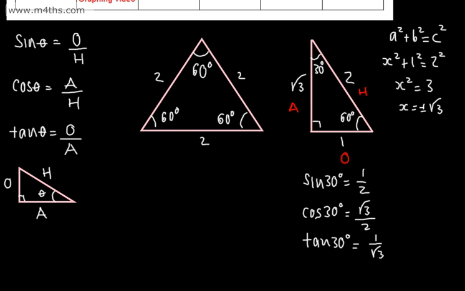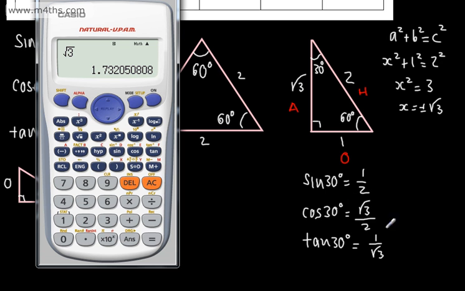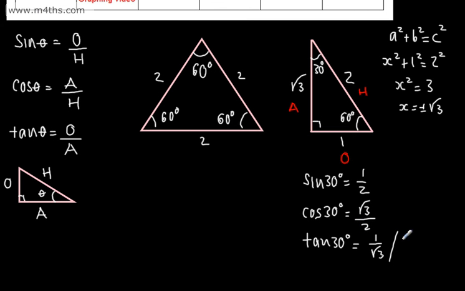The reason is that the denominator of this fraction has been multiplied by √3 to rationalise it. So if I wrote it as 1 over √3, my calculator will give it as √3 over 3. So what we can say is either it's 1 over √3 or as a rationalised fraction, √3 over 3.